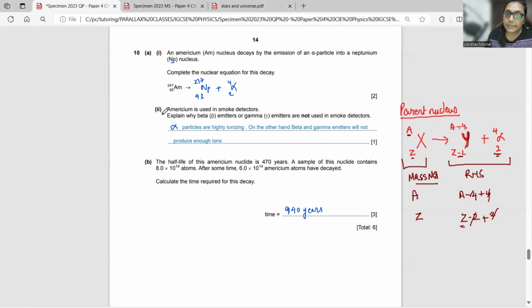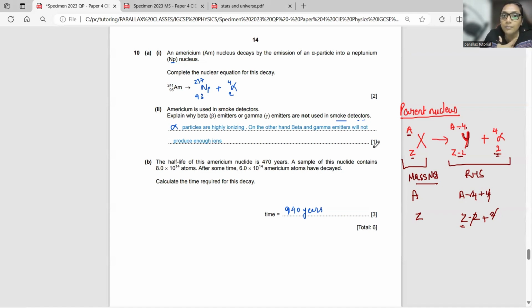Now let's talk about the second part. Americium is used in smoke detectors. Explain why beta emitters or gamma emitters are not used in smoke detectors. It's just a one marker question, so there is only one explanation for this. Alpha particles are highly ionizing as compared to beta and gamma.